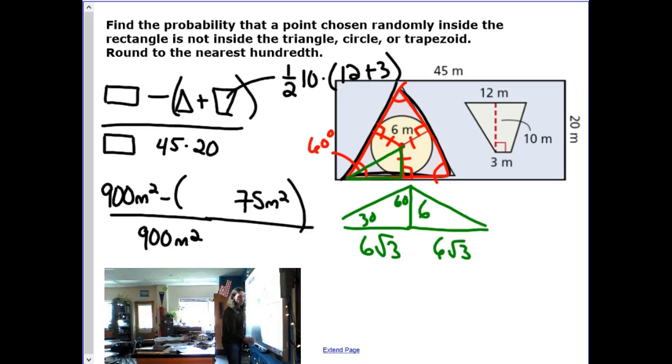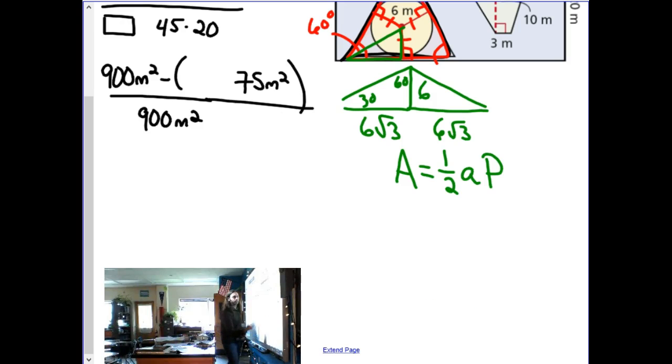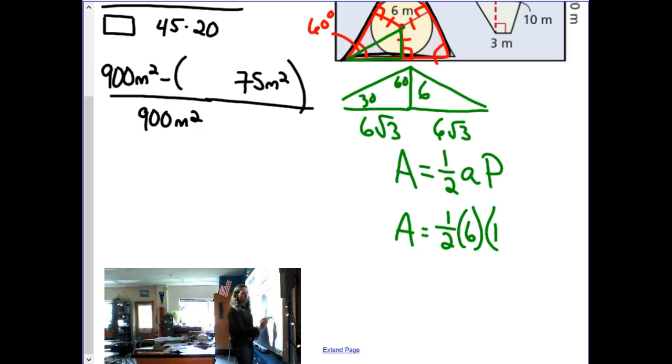So the area of this big triangle, the area of a regular polygon, is equal to 1/2 the apothem times the perimeter. And what does that mean? Yeah, I know, this problem gets complicated. Area equals 1/2. The apothem was 6. The perimeter was 12 square roots of 3 times 3.